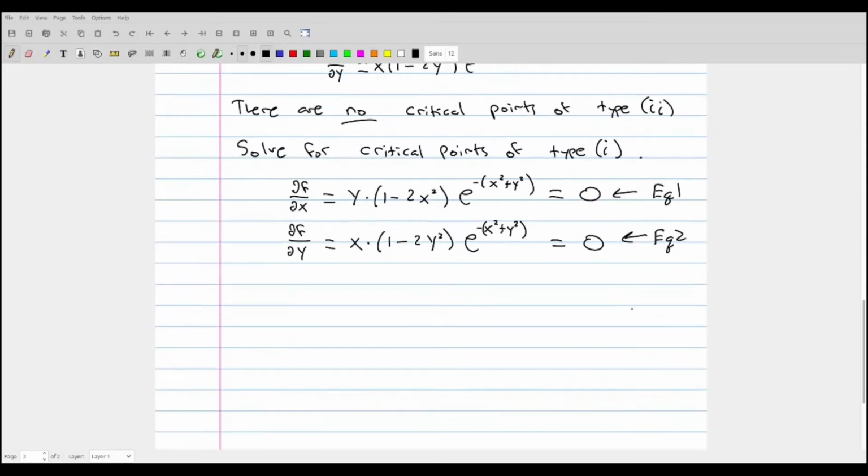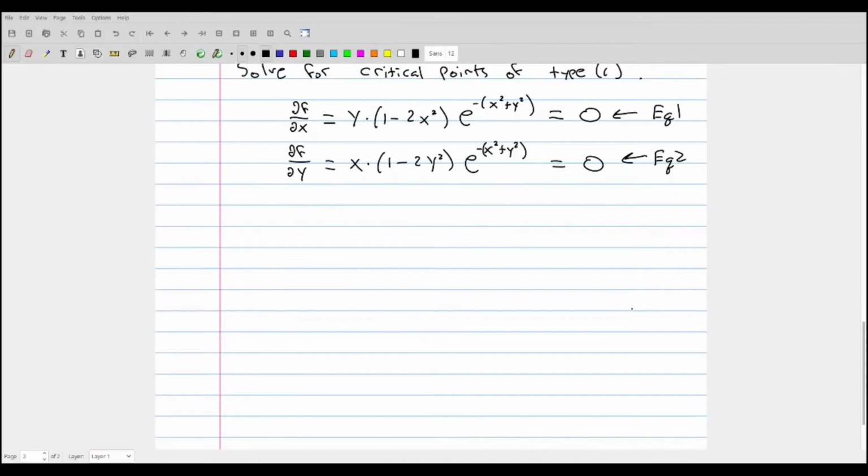So for this example right here, we have to figure out the easiest way of simplifying this system and trying to solve it. And the main way we're going to do that is that you want to remember that for any value of u, e to the u will always be strictly positive, will always be greater than 0. And therefore, because e to the u is never equal to 0, you can always divide by e to the u for any exponent u.